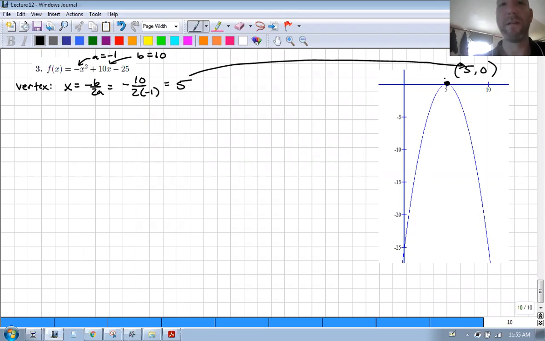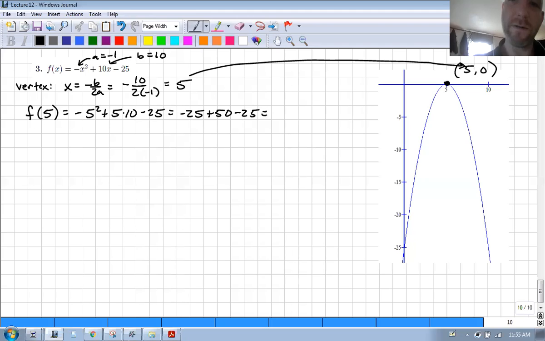Right? So that's the x value of our vertex. To get the y value, we do f of 5. That's negative 5 squared plus 5 times 10 minus 25. So we have negative 25 plus 50 minus 25 is 0. That's the y value for the vertex.